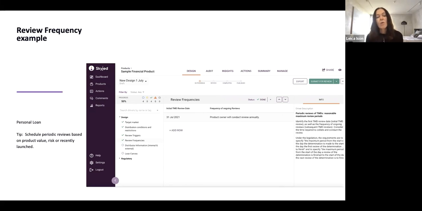If it's a risky product or a recently launched product, obviously you'd be doing more frequent reviews of those. Some of those might be every 90 days, some of those might be every 6 months, and your more mature products, you might be completing a review of those, say, every 12 months. And as I set these up, the other advantage that I have is that, again, I can schedule them and get updates as to when those reviews are due.